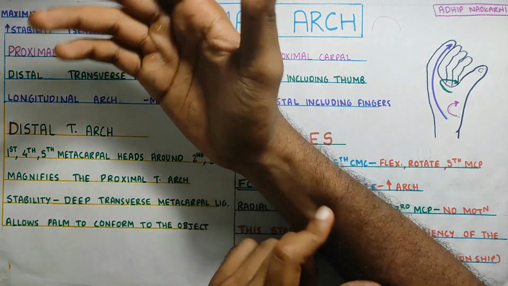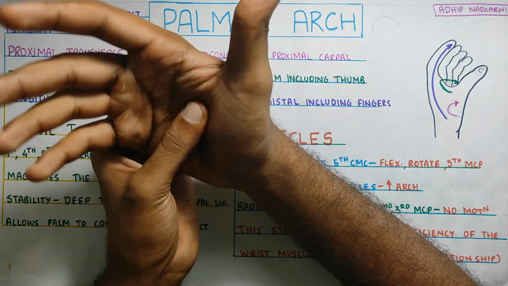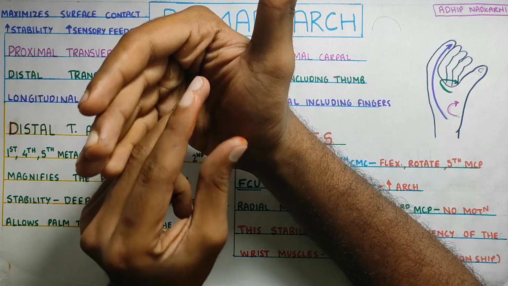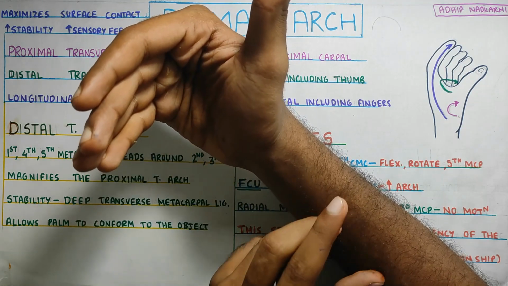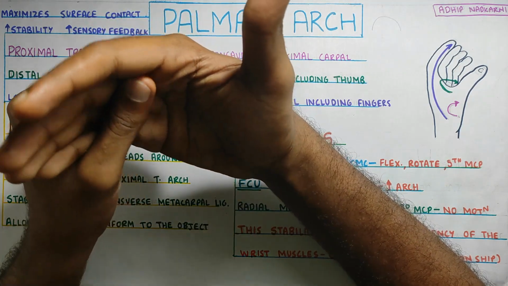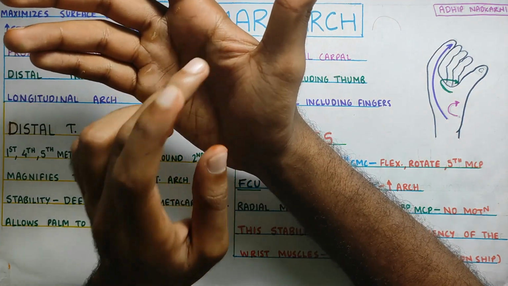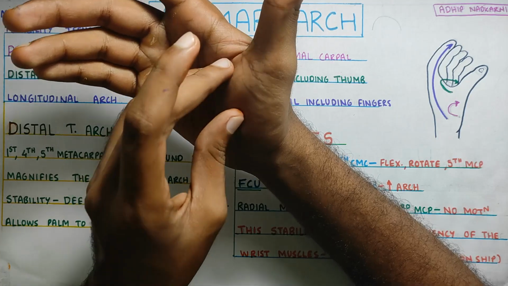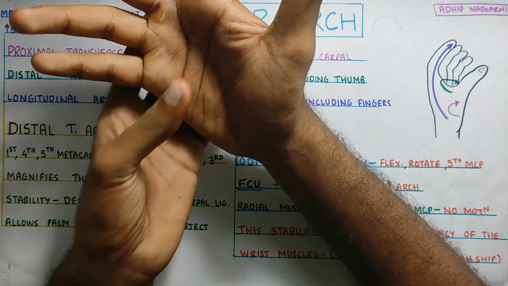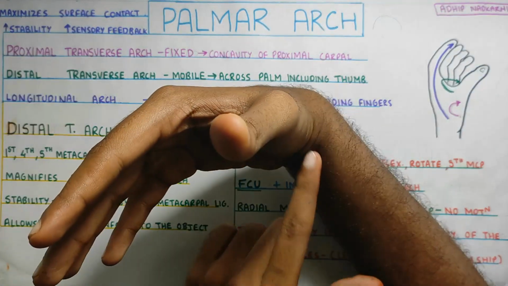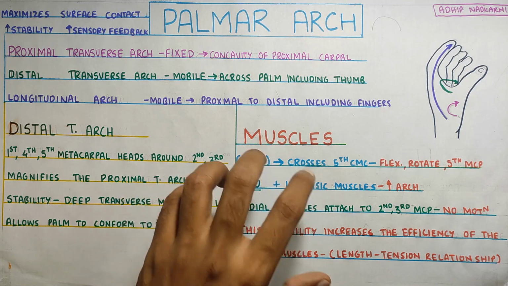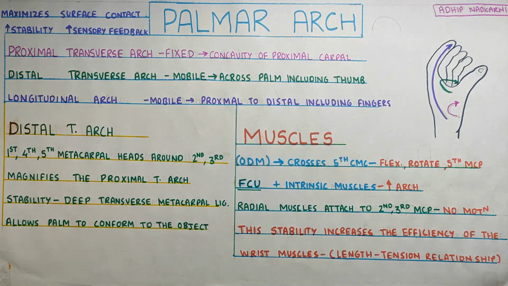When the muscle contracts, there would have been some movement at the carpo-metacarpal joint which would have shortened the muscle at that joint and made it insufficient to create flexion at the wrist. But now, because your third and second carpo-metacarpal joints are fixed and stable, when this muscle contracts, there won't be any movement over here. The movement will be directly seen at the wrist, which will be much more efficient, right? So that is what we see under the muscles of the palmar arches.